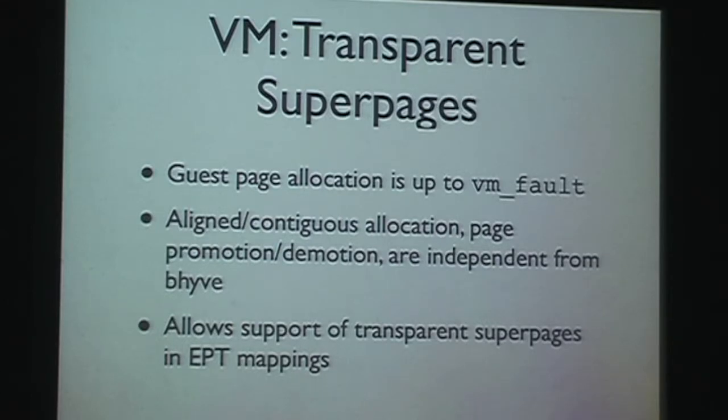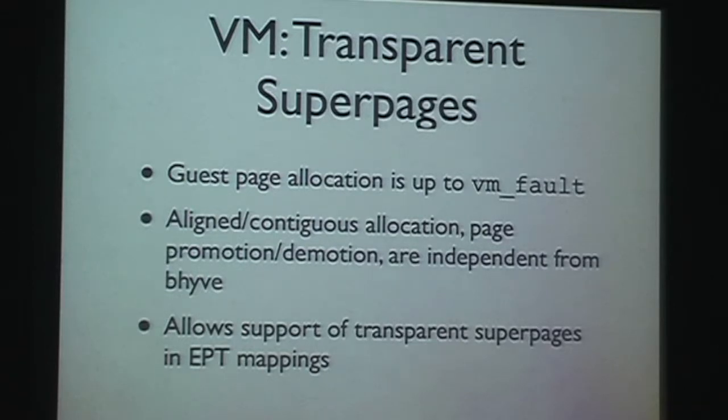One of the advantages of being able to reuse the virtual memory system is that we get the features of the FreeBSD virtual memory system for free. One feature that FreeBSD has is transparent super pages. That's a combination of a number of pieces of code, but it's all inside the VM system.